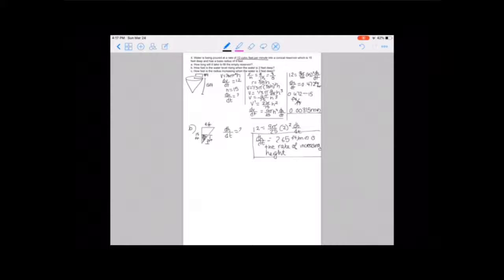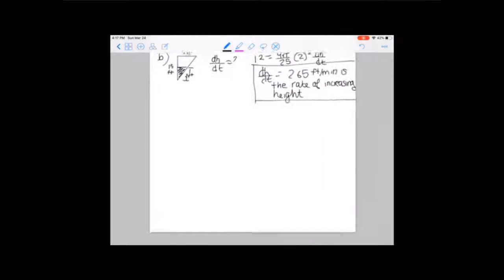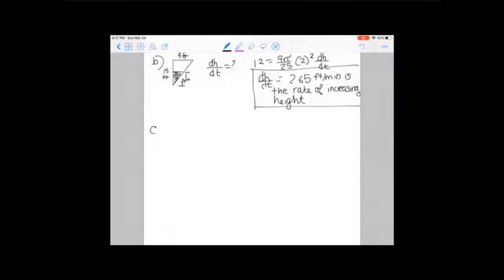So the final part C asks, how fast is the radius increasing when the water is 2 feet deep? So when it asks how fast the radius is increasing, we know that we have to find the rate. And we can do that by finding the derivative, which is dr over dt. So let us write what we need to find. Dr over dt equals, well, we don't know yet.